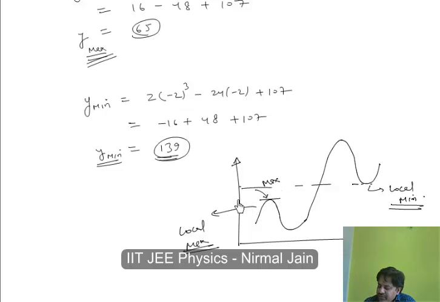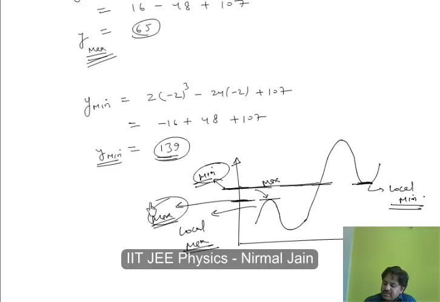So you can easily see that the level of this maxima is below the local minima. This is minima and this is maximum. So the minima is above the maximum value. It is always possible.